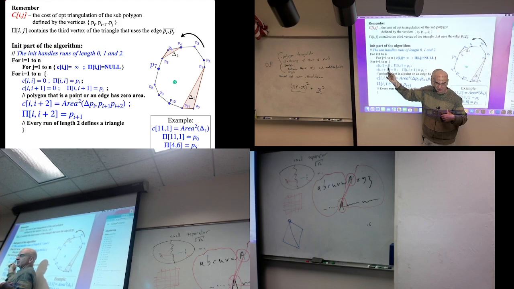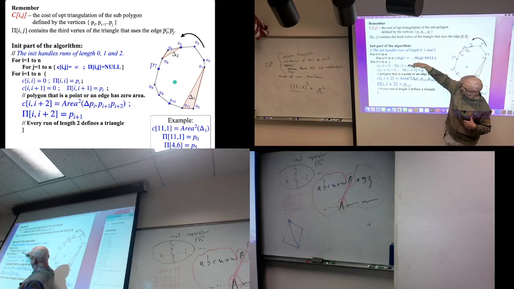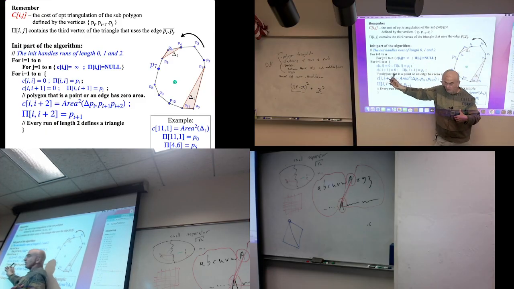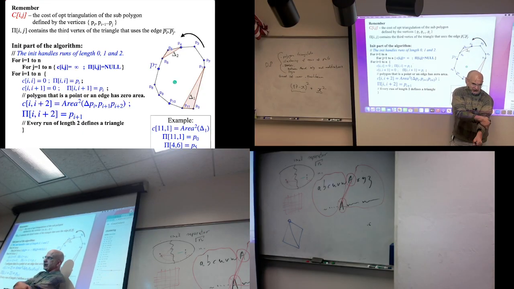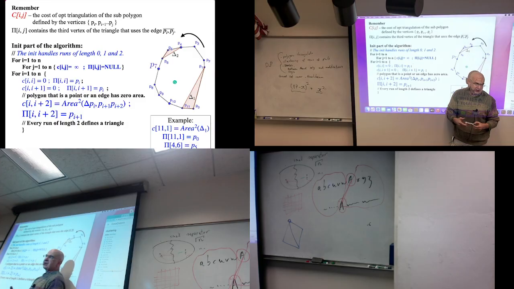C(i,i) is initialized to be 0. What is C(i,i+1)? These were runs of length 0. These are runs of length 1. How do I triangulate a single edge? Again, takes 0. I need it because you'll see that I do need these values later on. So I still need to initialize it.